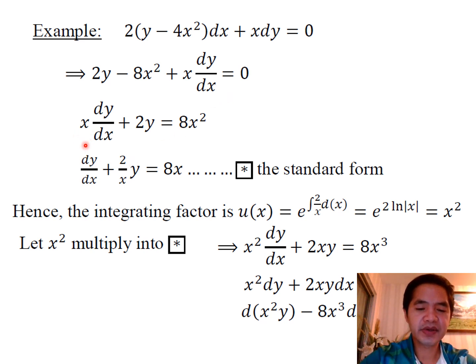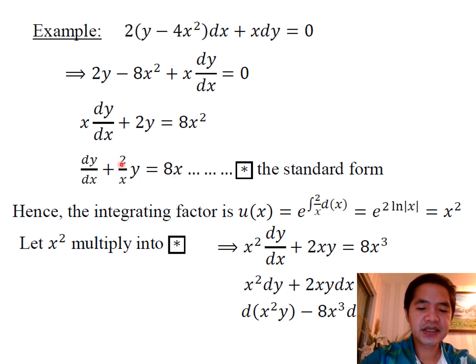Now, rearranging one more time, you can get x dy over dx plus 2y. Now it looks very similar. Equal to 8x squared. Now the final form is dy over dx plus 2 over x times y equal to 8x.